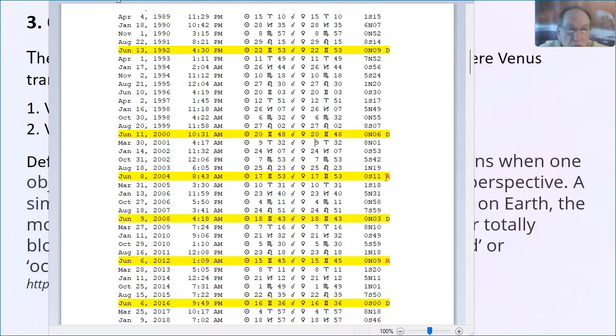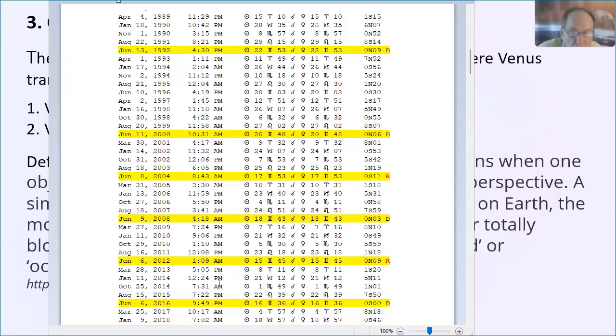So when you're looking at this listing, you can see which ones are a direct alignment. And if you check to see if it was retrograde or direct, if it's retrograde, that means Venus was directly in front of the sun. So it happened in June of 2004, again in 2008. That one's direct, again in 2012.